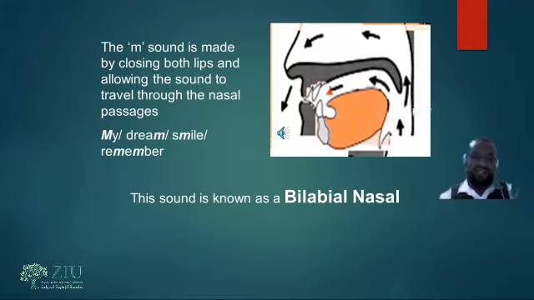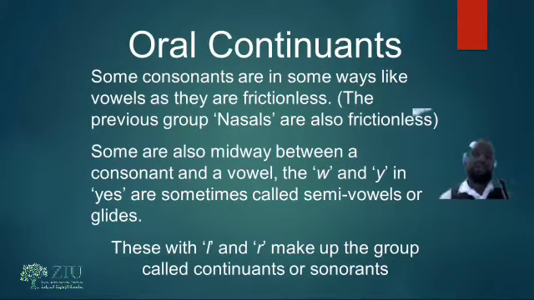So let us move to another thing. Oral continuants. Oral continuant means the continuity of the oral or speech sound actually. Some consonants are in some ways like vowels, they are frictionless. Frictionless means it does not need to be strong or forceful.